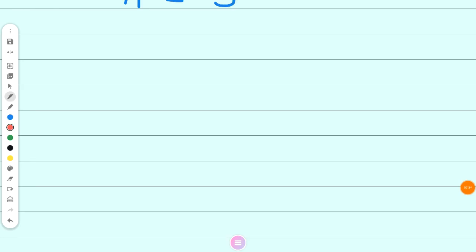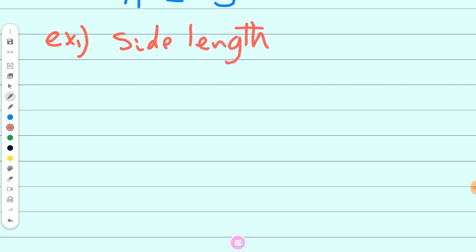Our first example needs the side length of the following square.